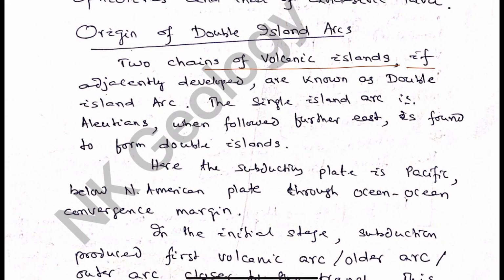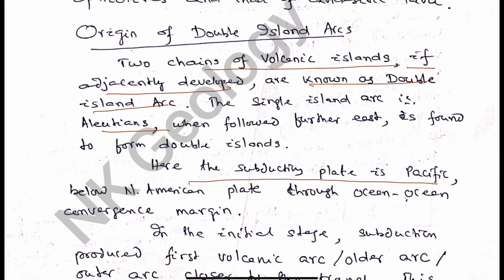They are found to be adjacently developed and they give rise to double island arcs, as is found in the case of the eastern side of the Aleutian Islands in the Pacific Ocean. But the Pacific plate goes down below the North American plate with an ocean-ocean convergence boundary.